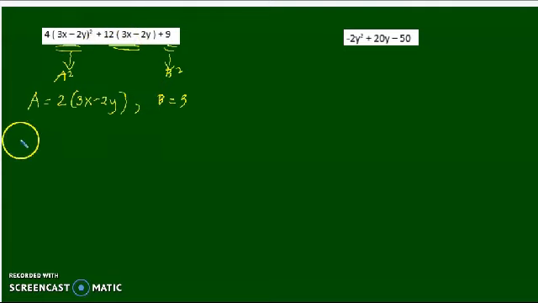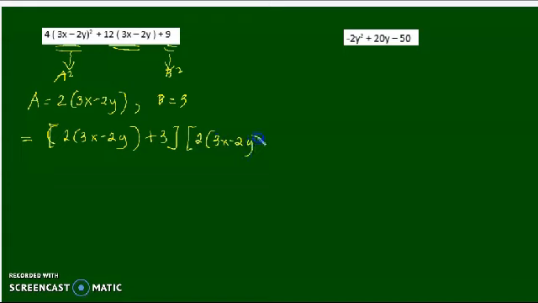So therefore, the factors are the quantity of 2 times 3x minus 2y, and then since this is plus, plus the value of b, which is 3, times the quantity of 2 times the quantity of 3x minus 2y plus 3, or that one is bracket, then 2 times the quantity of 3x minus 2y plus 3 raised to the second power.